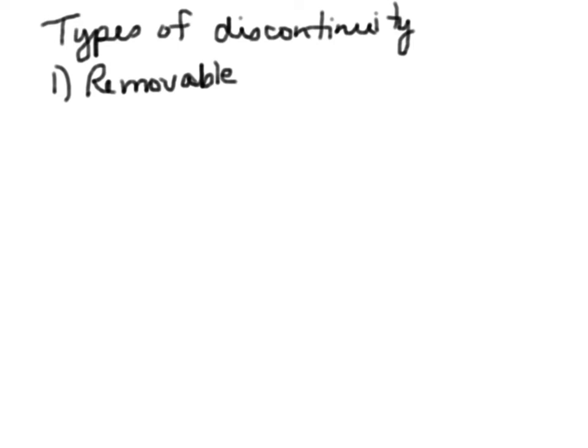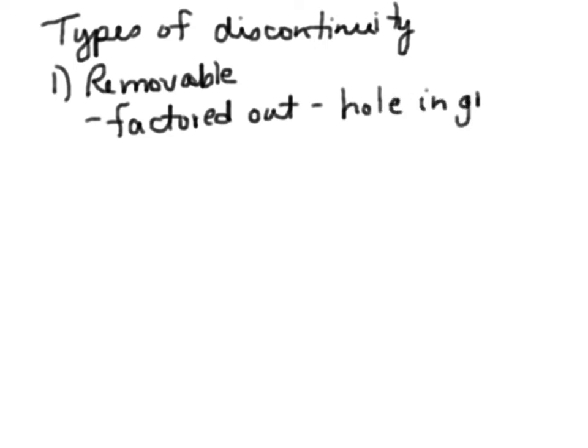There are three types of discontinuity. The first one is removable. With removable, this can be factored out of a function. And what it looks like is a hole in the graph. It's very tiny, and you would have to zoom in on the area where the hole is in the graph very, very tightly. I'll show you an example of this in a minute.